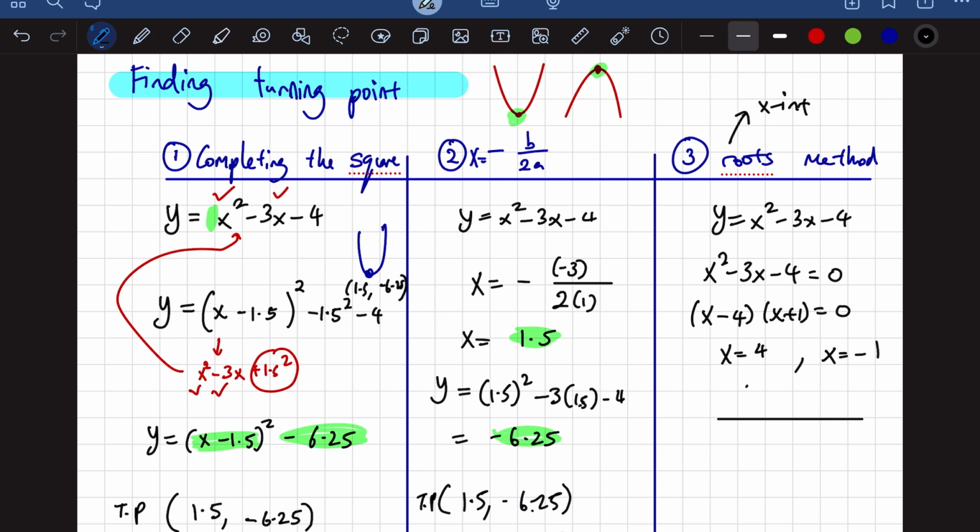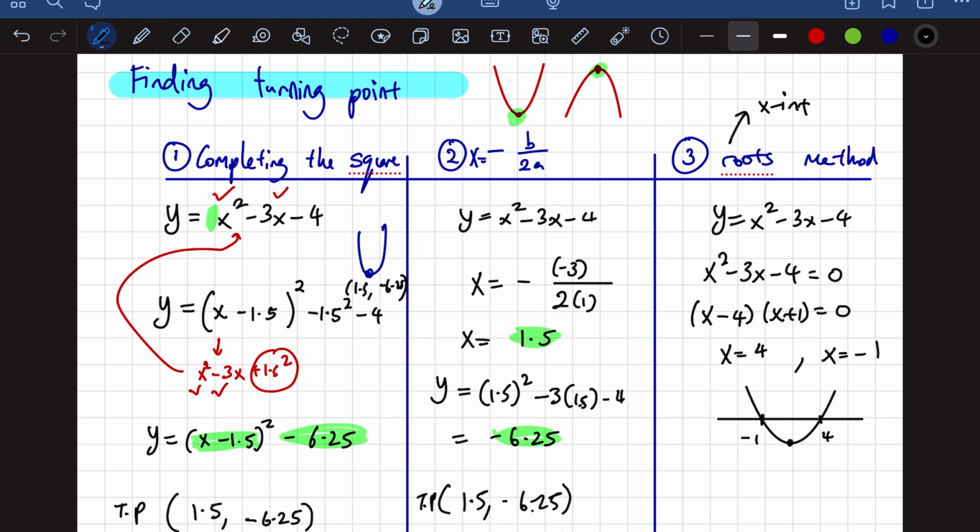Now, notice that the roots are evenly spaced out on the left and on the right, and right smack in the middle, there you will find your vertex x value. So if I can find the middle of my two roots, negative 1 and 4, I will be able to get the vertex x value as well.